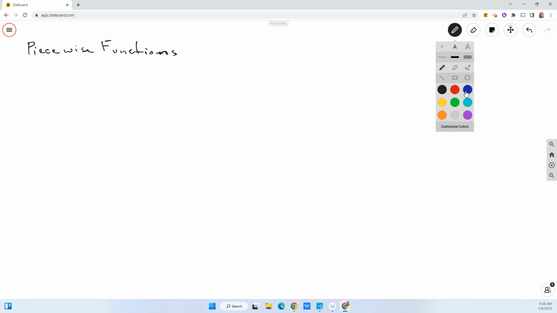But I have to change colors because it's too early in the morning for me to look at all that black. So piecewise function, what is it?